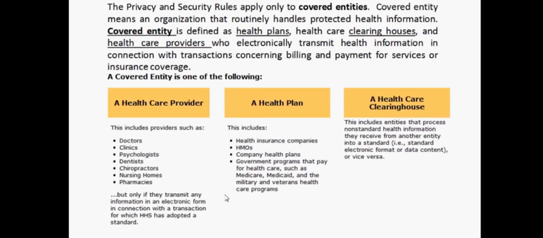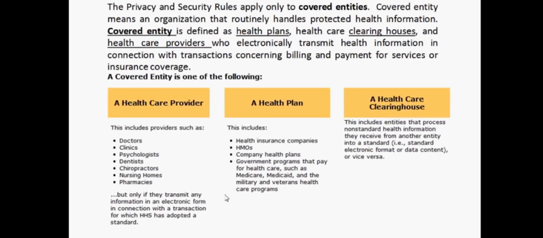The covered entity is the one that routinely handles healthcare information. For example, it could be health plans, meaning health insurance companies, then healthcare clearinghouses, then healthcare providers, like your hospitals, who electronically transmit health information in connection with transactions. That means any organization that transmits healthcare information is called a covered entity, right?